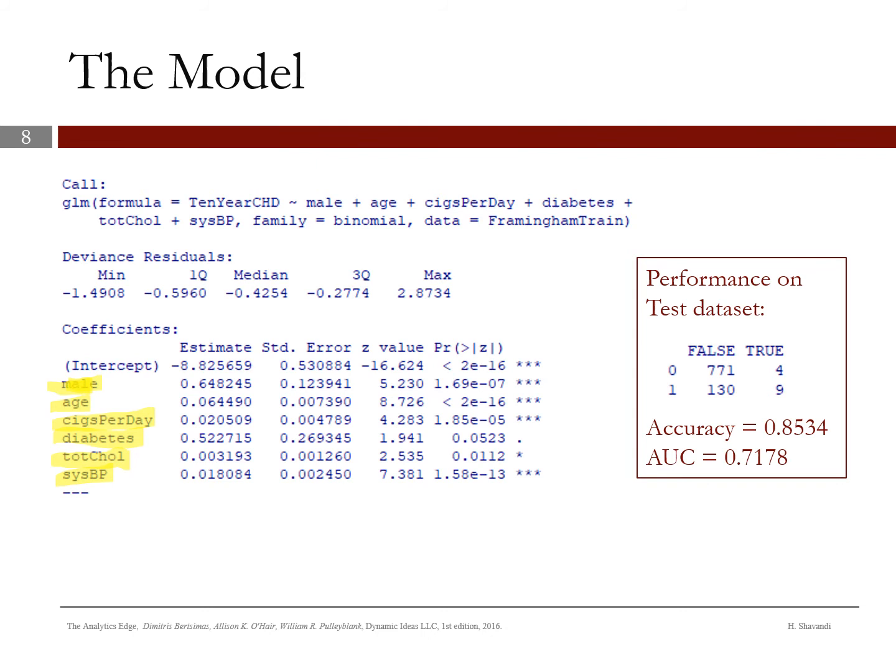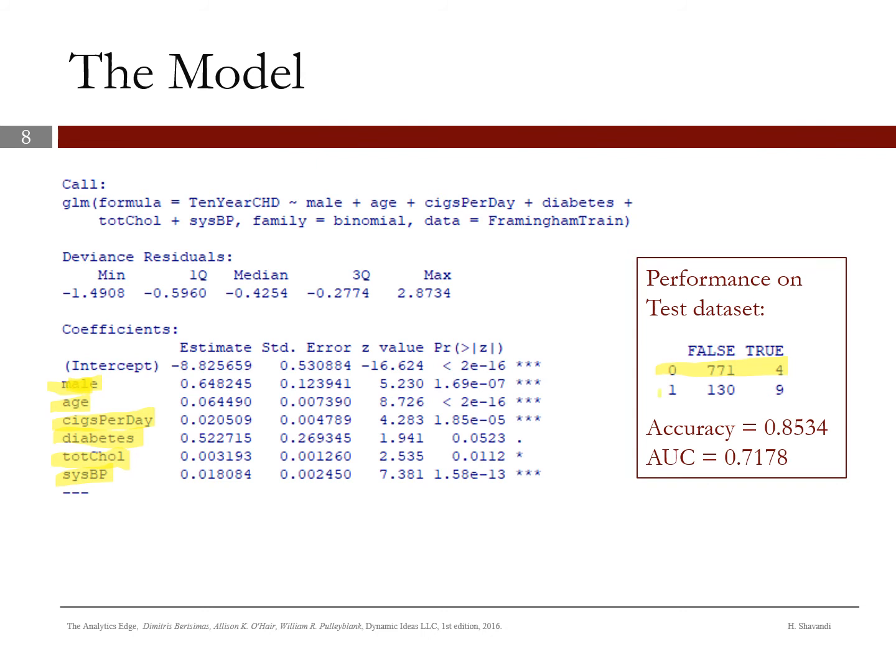So I see here we have 775 cases with a value of 0, meaning they didn't experience CHD over that 10 year period. And here we correctly predicted 771 of them, so we have an error for just 4 of them.